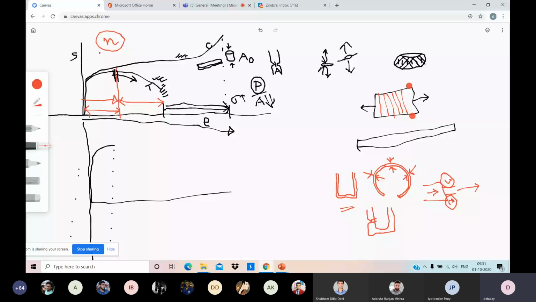You do not want difference in thickness in very thin sheets. Can you tell me, besides n, another factor that also increases uniform elongation? What is that? Strain rate. So strain rate sensitivity.